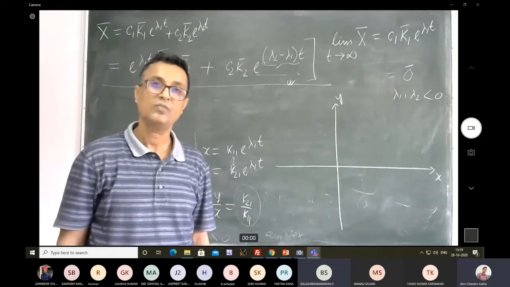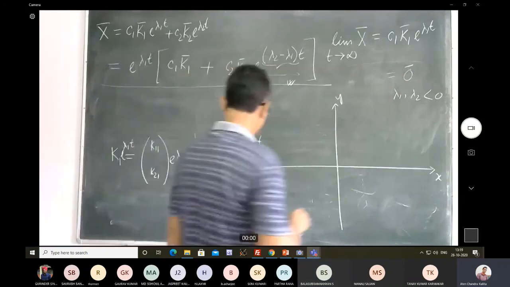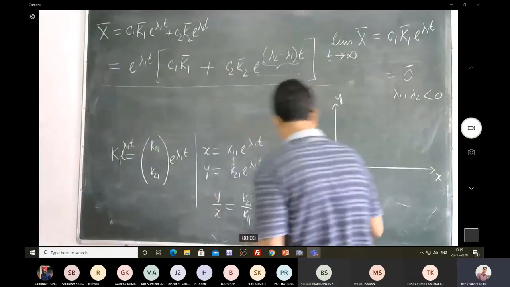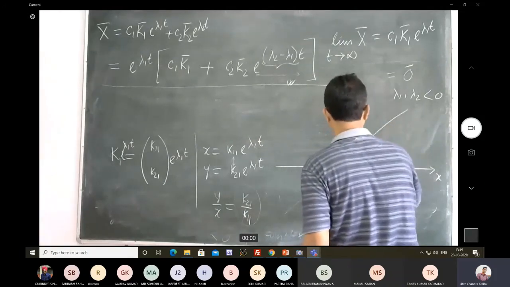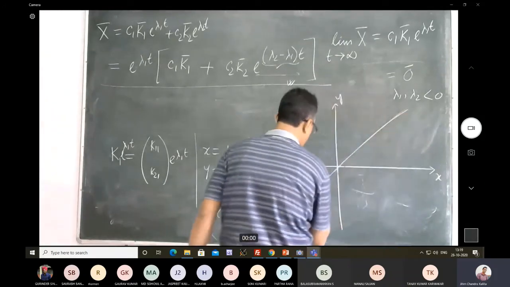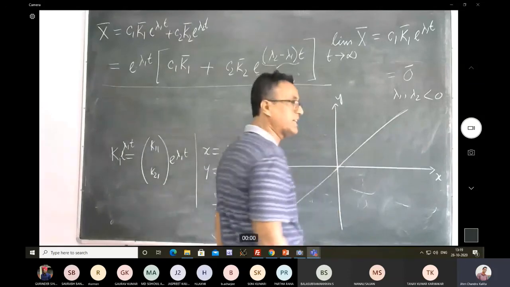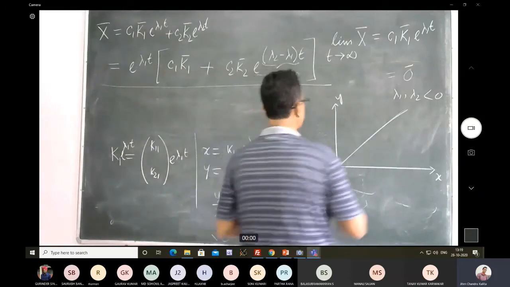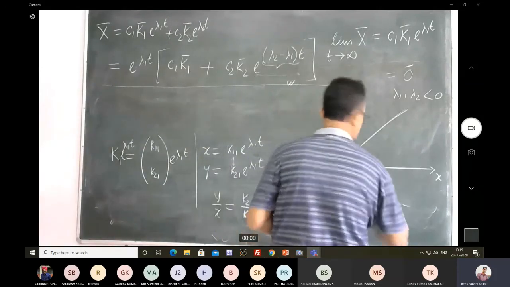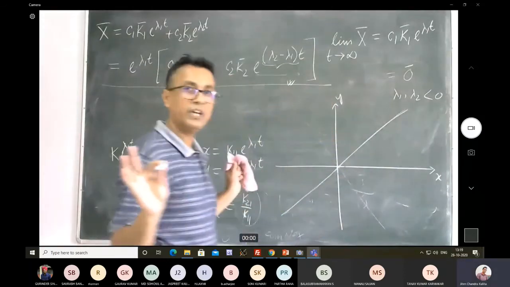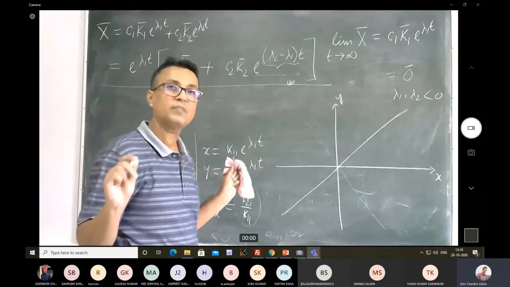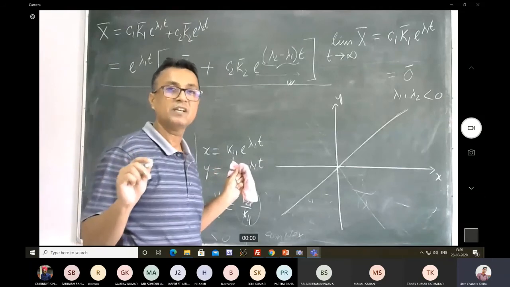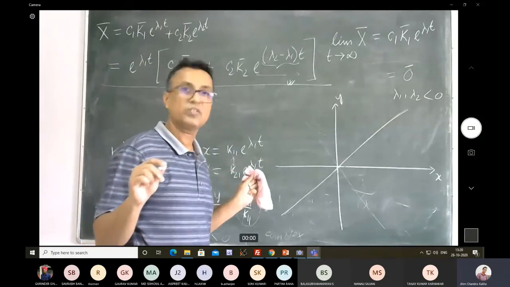If the slope is positive, then it is going to be something like that, and if the slope is negative, it is going to be something like this. Yesterday I had already told you, once you eliminate the parameter t, it doesn't give you any idea about the direction.